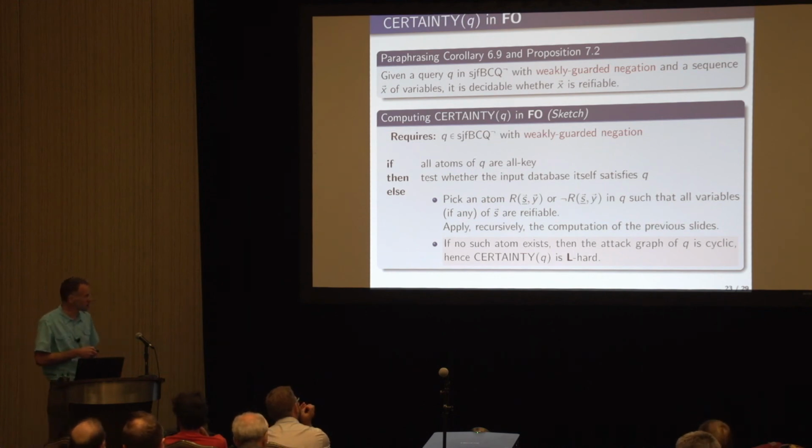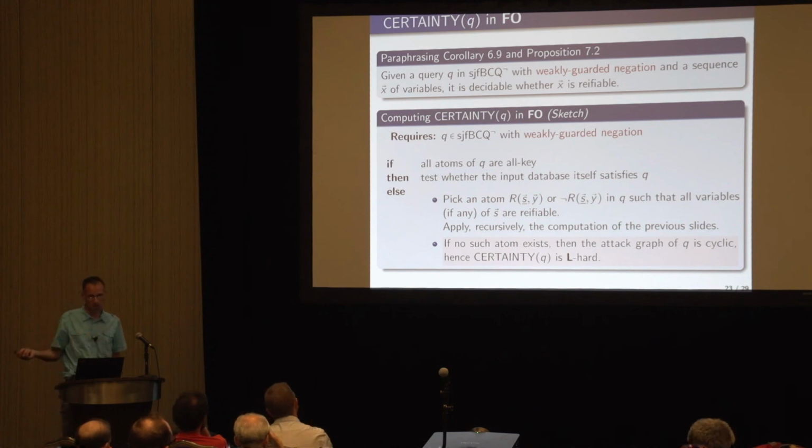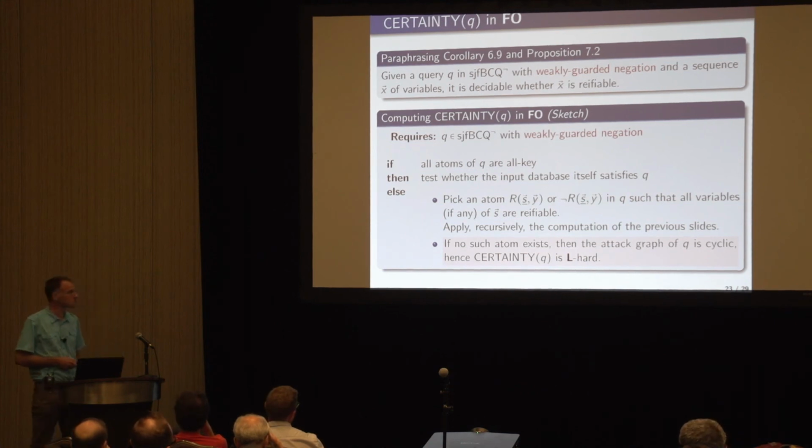Now, of course, at some point, you may say, what happens if no such atom exists? If there's no such atom whose primary key is reifiable, well, in that case, we can show that the attack graph will contain a cycle, and so the problem is L-space hard, and we are done also, right?